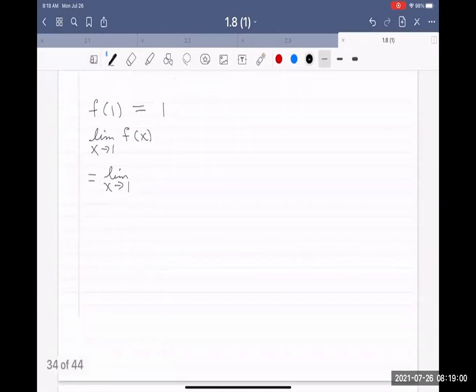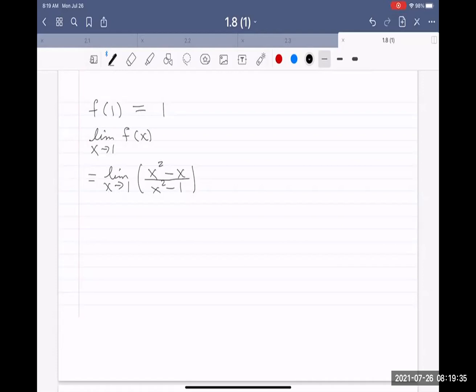So we want to find the limit. For finding limits of rational functions, you just plug in the value 1 and see if that gives you some number.